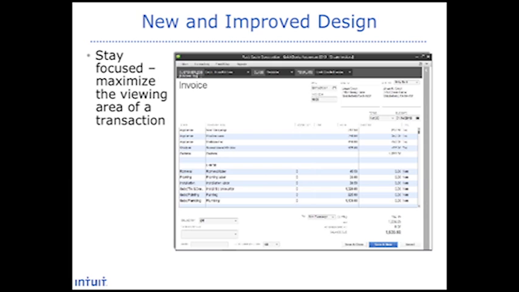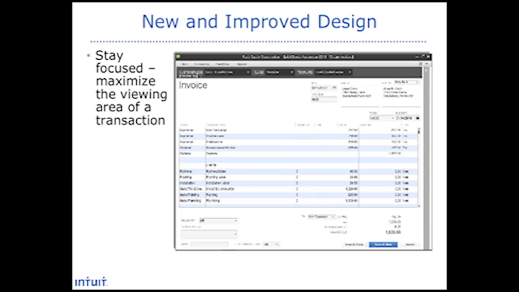The other thing, again, in trying to keep you focused on whatever task is happening with you, is the way that you can maximize the view when you're in a particular transaction. So on our next screen, we're going to see the transaction ribbon bar, which I really like, which is a new feature.